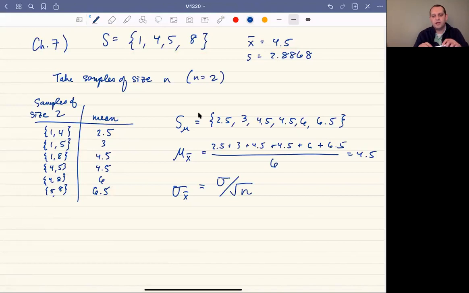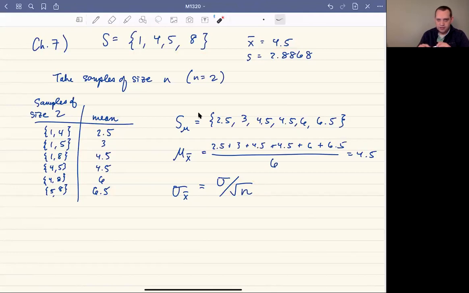This is a really good approximation when n is large. The larger n is, the better approximation we get. But the larger n is, the harder this is to do. If you have 100 data points and want samples of size 50, there's a huge number of those, although this is a better predictor of that standard deviation.